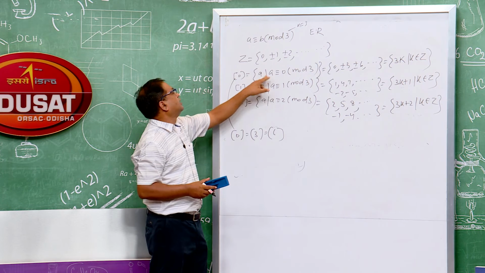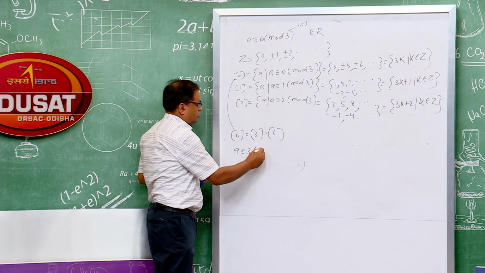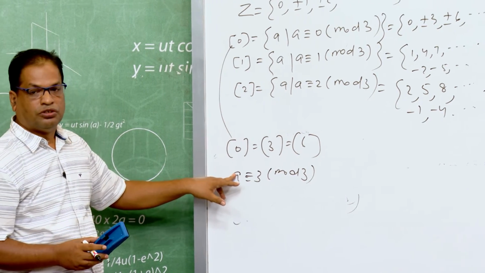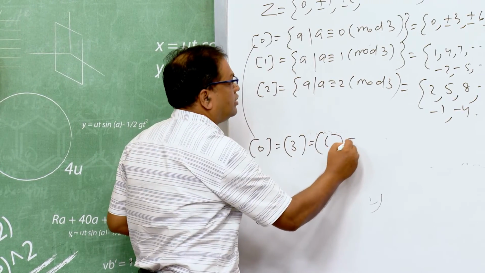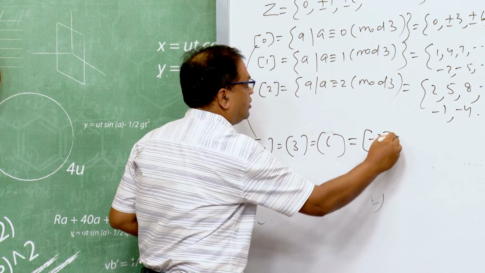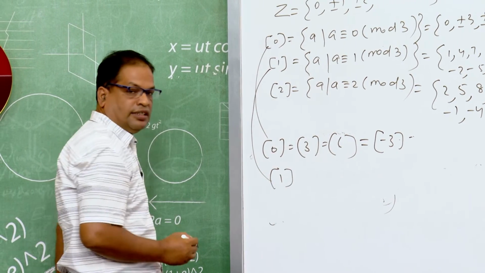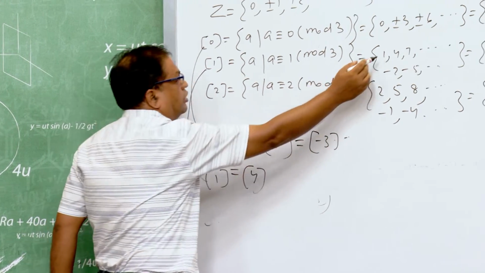Also you can check a congruent to 3 mod 3, the value of a will be 3, 0. So, you will get the same set. Similarly, the equivalence class of minus 3 is the same. Similarly, for the equivalence class of 1, if you check, you will get the same set.